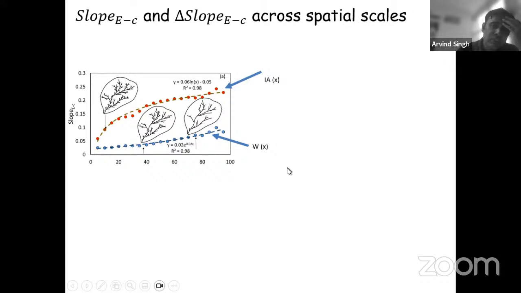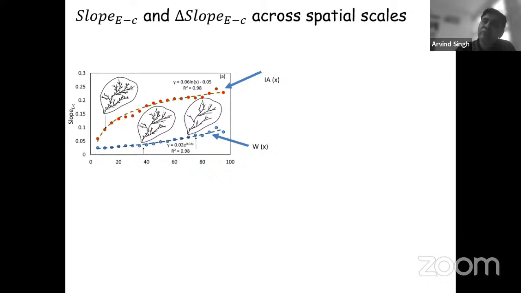From here, we see that for the width function the slope is much smaller as compared to the incremental area function, and the increase in the slope is also smaller, suggesting that side branching is introducing more complexity in the incremental area function, or more complexity in the functional processes as compared to the structural arrangement of channels.